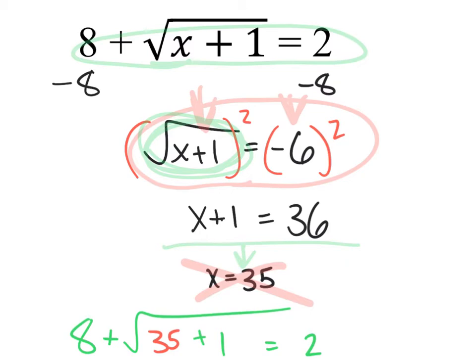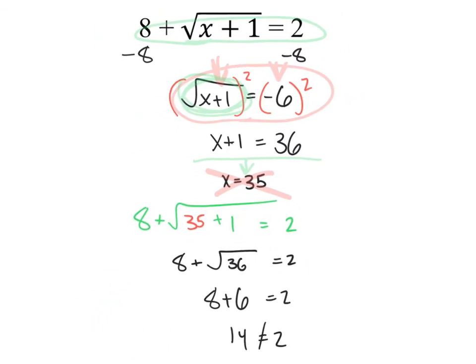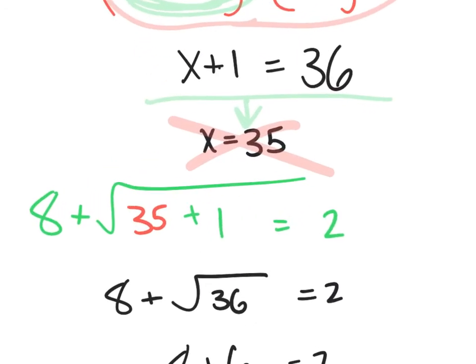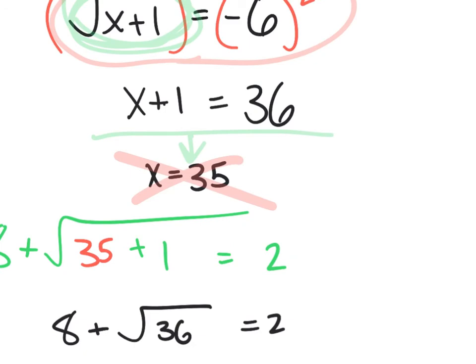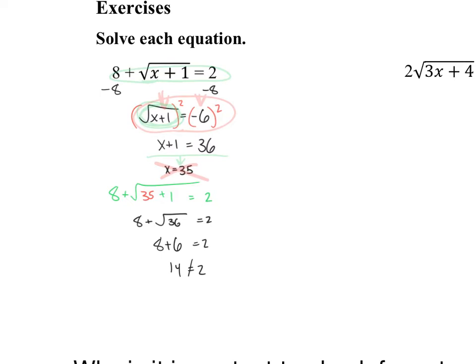So you'll really want to double check your solutions at the end, and not just because I want to see if I made any mistakes, because sometimes the answers literally are not valid, and you have to double check to see if it's real or not. This one does not have a solution. So what you do is you'd still list this one. It's extraneous, so you'd mark it off. This one ends up having no solution.